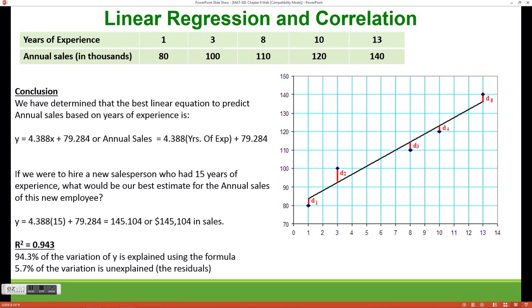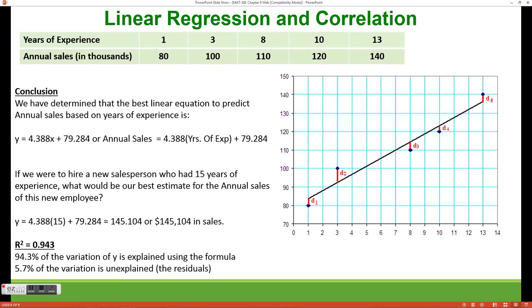The coefficient of determination is a tricky topic to understand. Officially, it is the ratio of the explained variation of our data compared to the total variation of our data. In simpler terms, it is a measure of how much of the change in y is explained by the change in x.